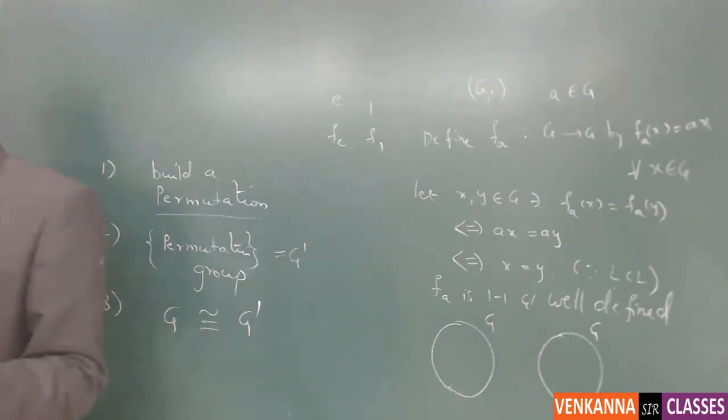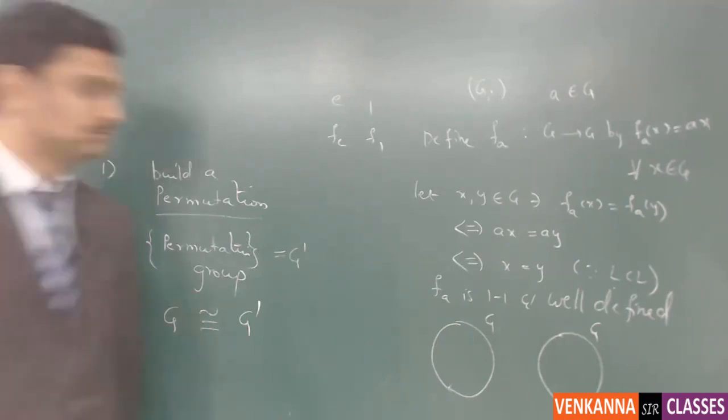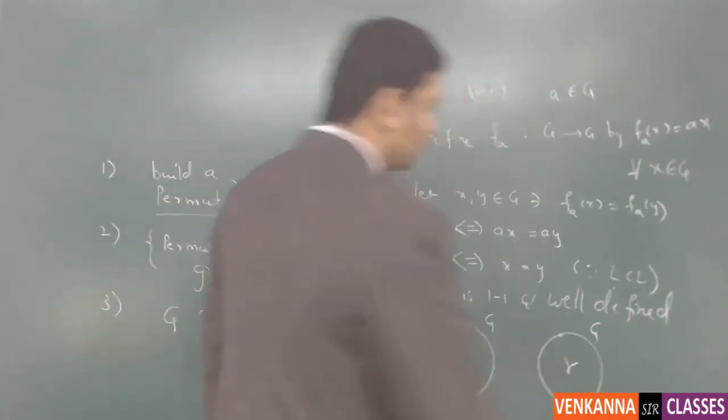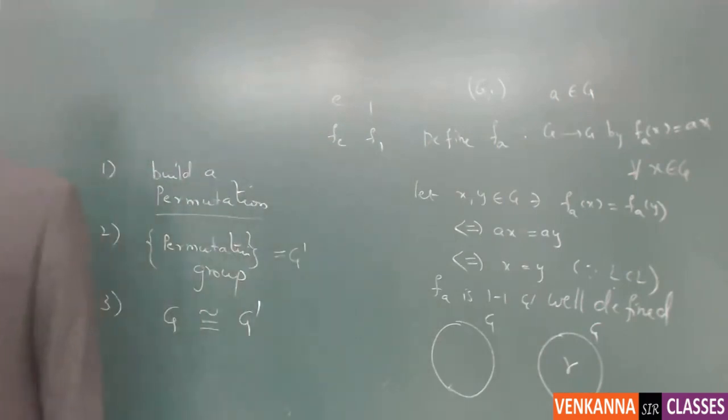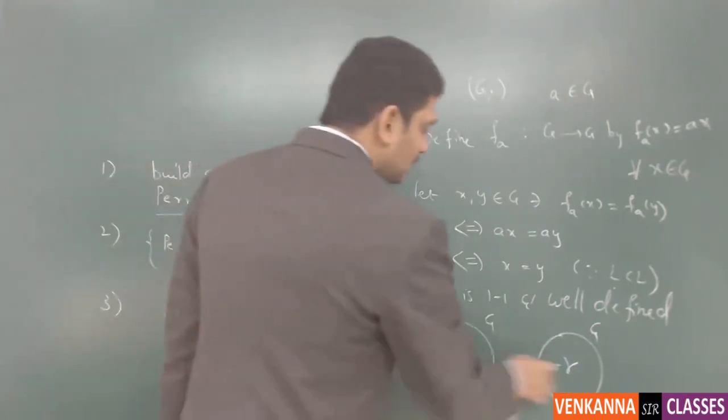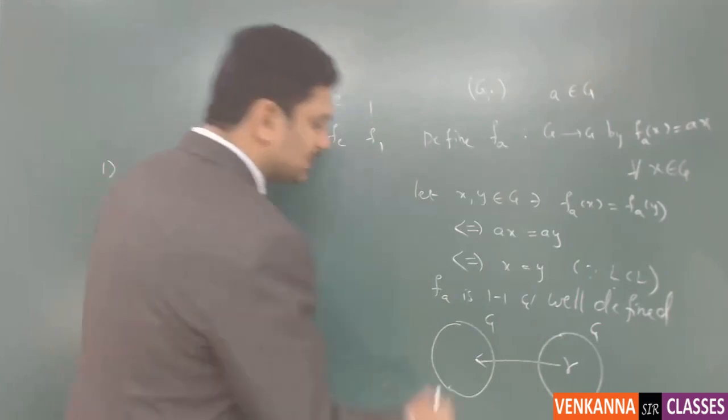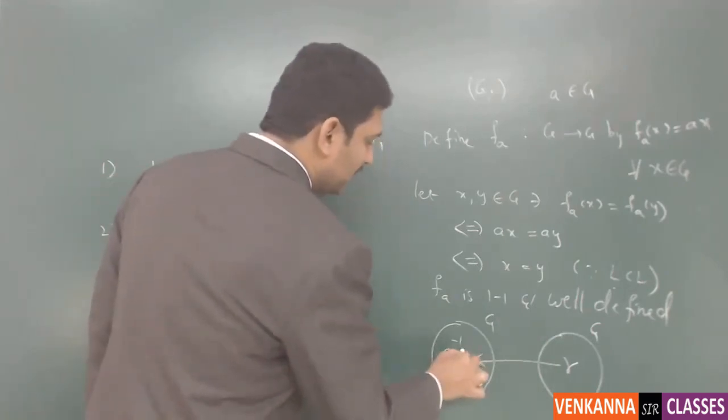Not a number, you give a symbol. A parameter, let me say, a variable. R. So if you take r in the codomain, here the corresponding pre-image is nothing but a inverse r.